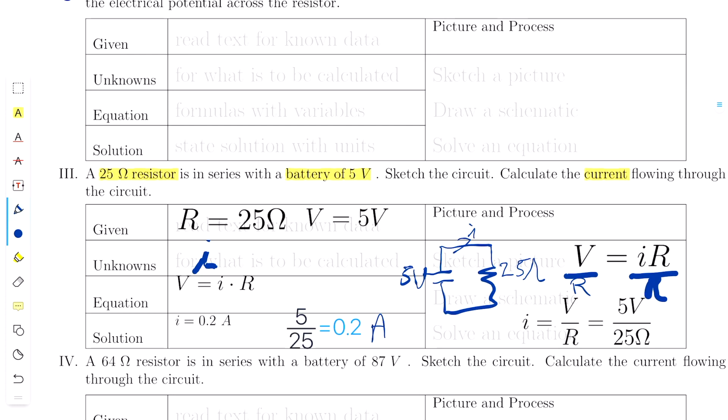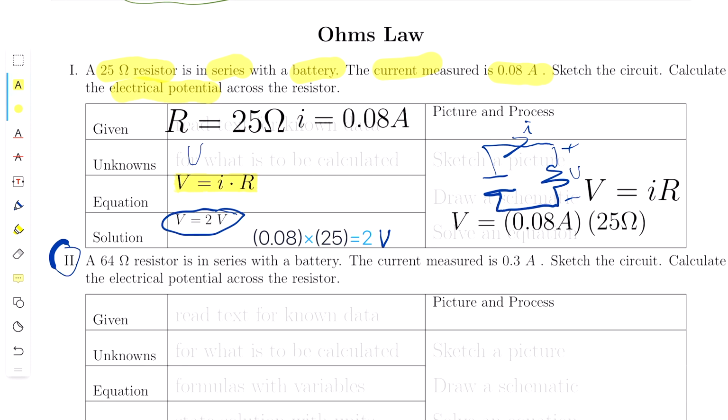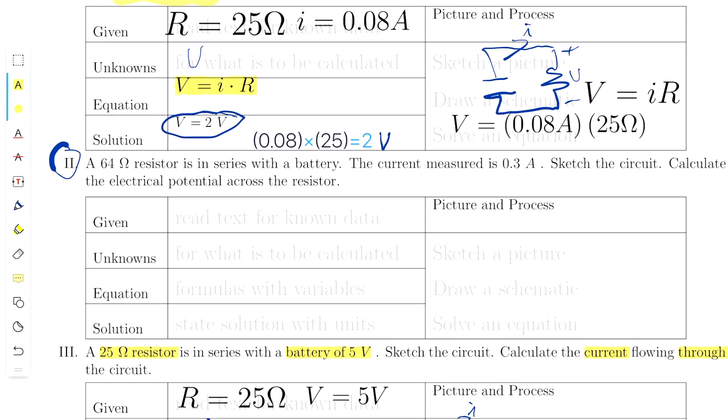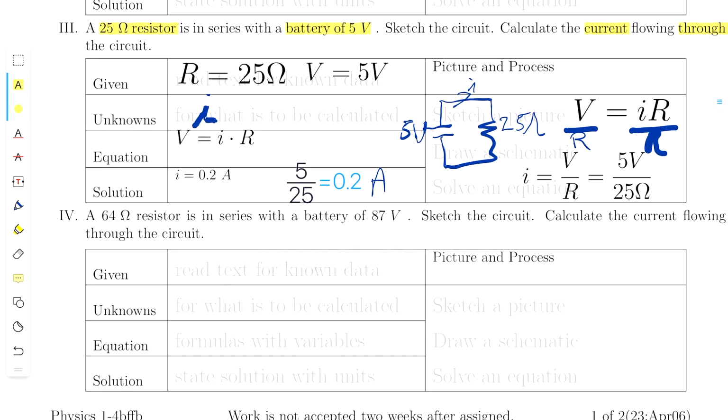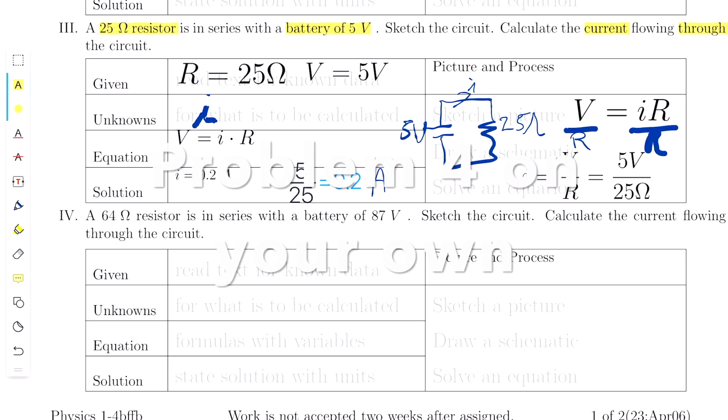Let me go ahead and highlight those two words. When we have a current, it is flowing through. When we have a potential, it is across. Okay? So go ahead and pause this, do number 4, and come back.